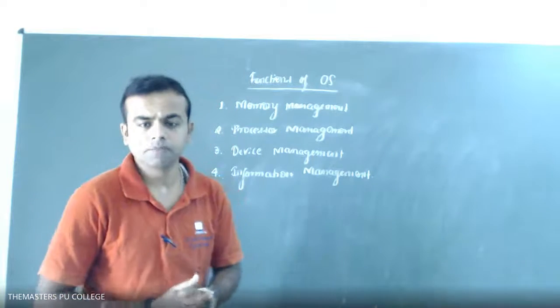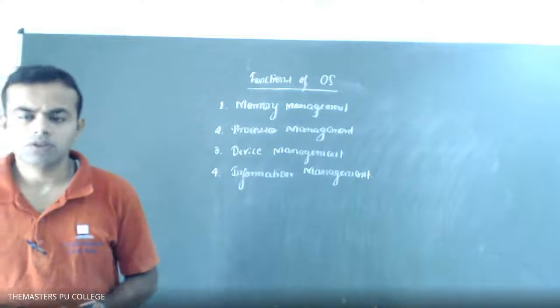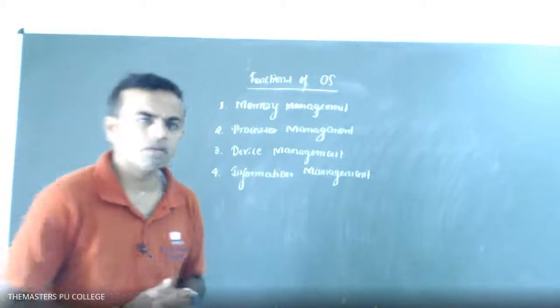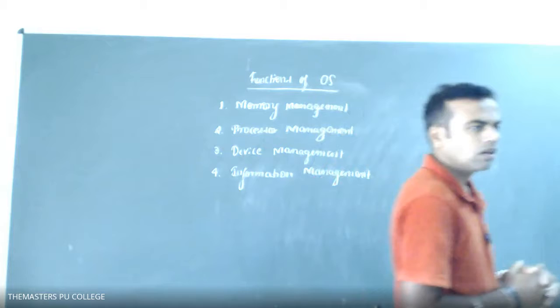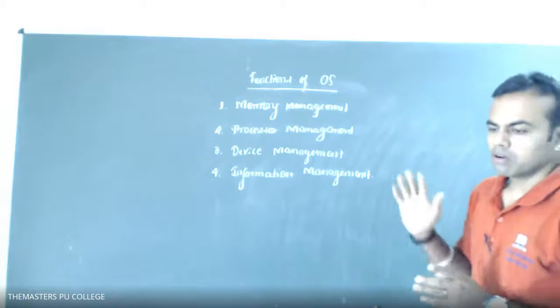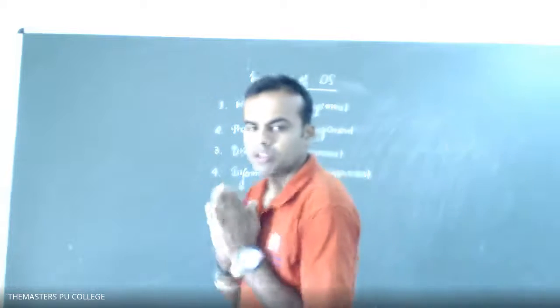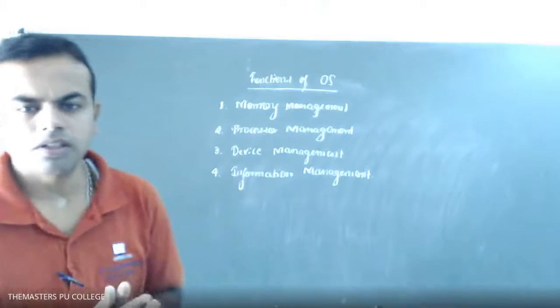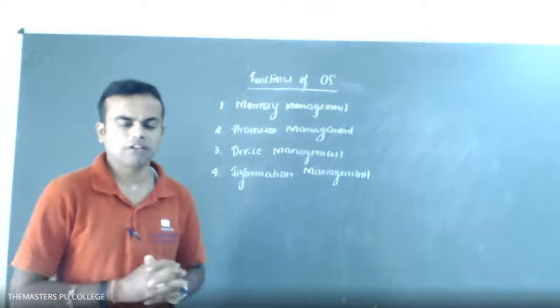Is that clear? So we have four functions of operating system. Number one, memory management. Number two, processor management. Number three, device management. And number four is information management.